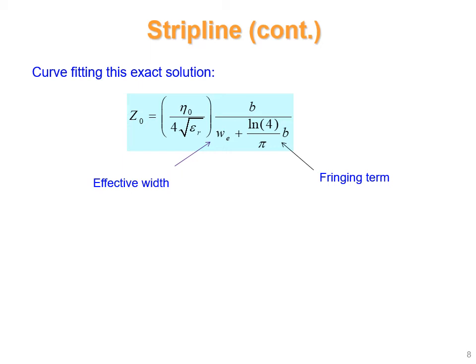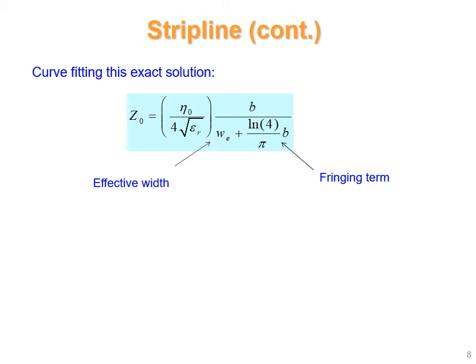With the help of curve fitting methods, we can write Z0 is equal to eta naught upon 4 into under root of epsilon r, where eta naught is the intrinsic impedance of free space, epsilon r is the dielectric constant, B is the height of the dielectric, and WE is the effective width. So what is this effective width? Whenever we see, the actual width of the conducting path is W.